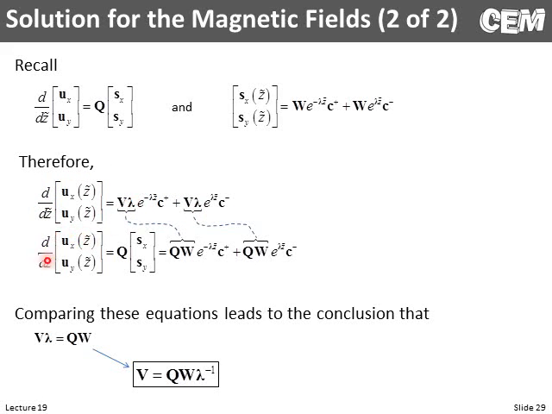We also have the derivative of the u's from this equation, which is q times s, or q times the solution that we have. These are both the derivative of the u's. If we compare these, we see that v times lambda equals q times w. And if we solve this for v, the eigenvectors for the magnetic fields, we get q times w divided by lambda. And those are all square matrices.